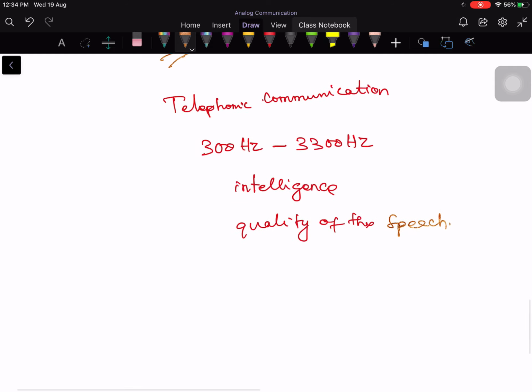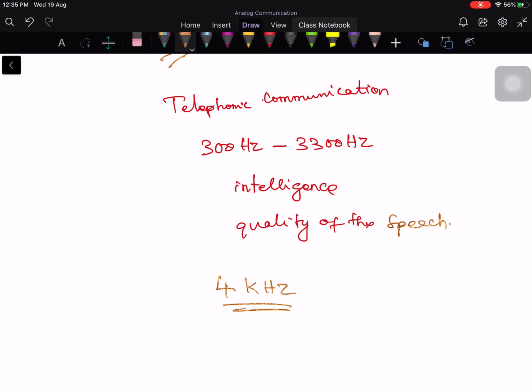So for most telephonic communication purposes, the band from 300 Hz to 3300 Hz is very important. That is why we say the voice band channel has a bandwidth of about 4 kHz. That 4 kHz includes some guard band, that is some additional frequency band, to make sure that we do not lose anything. So typically the band of a speech signal is taken to be less than 4 kHz.